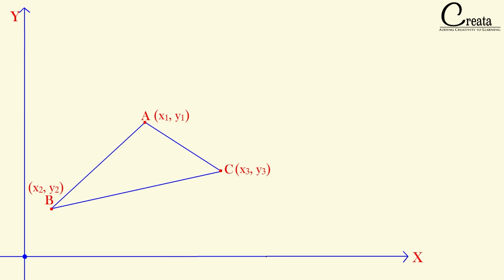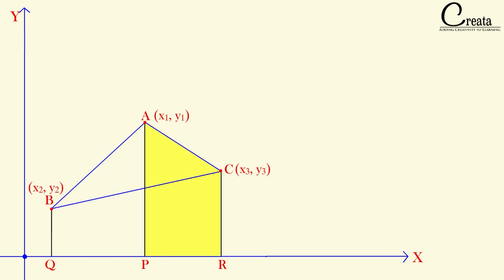First of all, let's draw the perpendicular lines from the vertices A, B and C toward the x-axis. These three lines are perpendicular to the x-axis. Let's give the names of these points as Q, P and R. Further, are you able to observe various trapeziums in this figure?